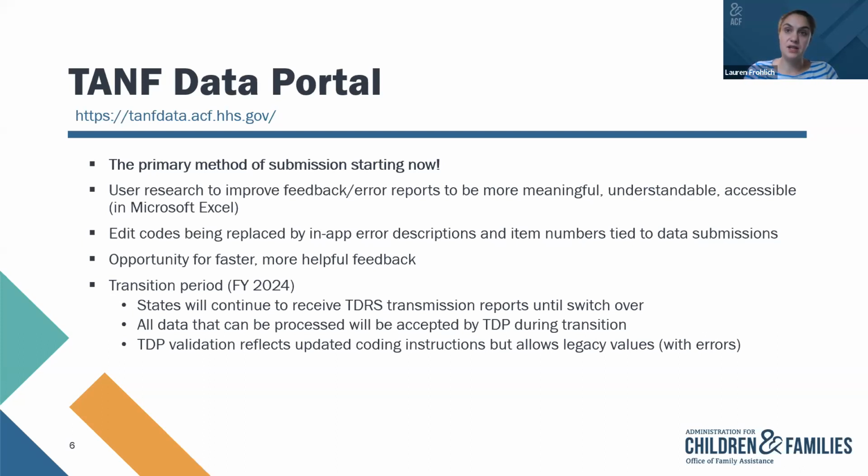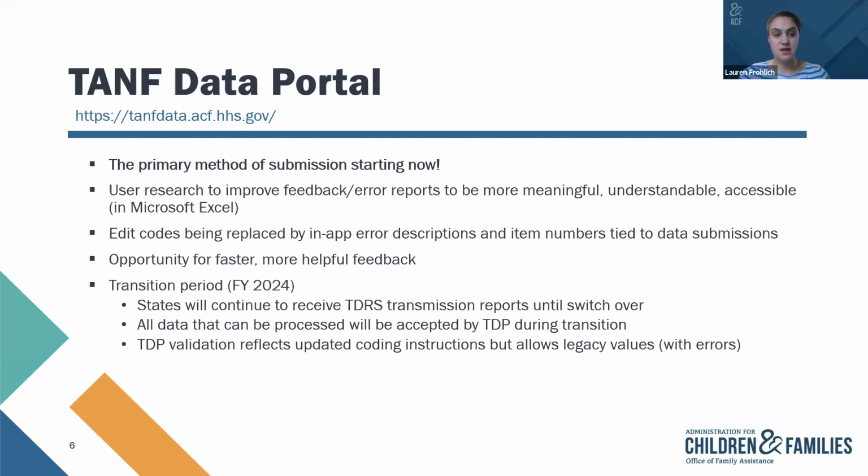And we've been using user research to improve the feedback and error reports that states receive to make them more meaningful, understandable, and accessible in Microsoft Excel. Those are still in development. So we're in this transition period. It's a little funny because you're still receiving the transmission reports from the old system as we're developing the feedback reports in the new system.